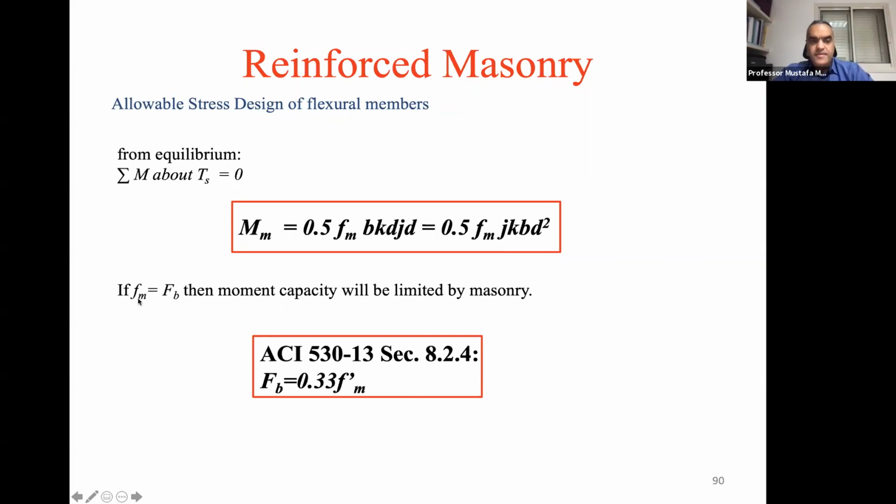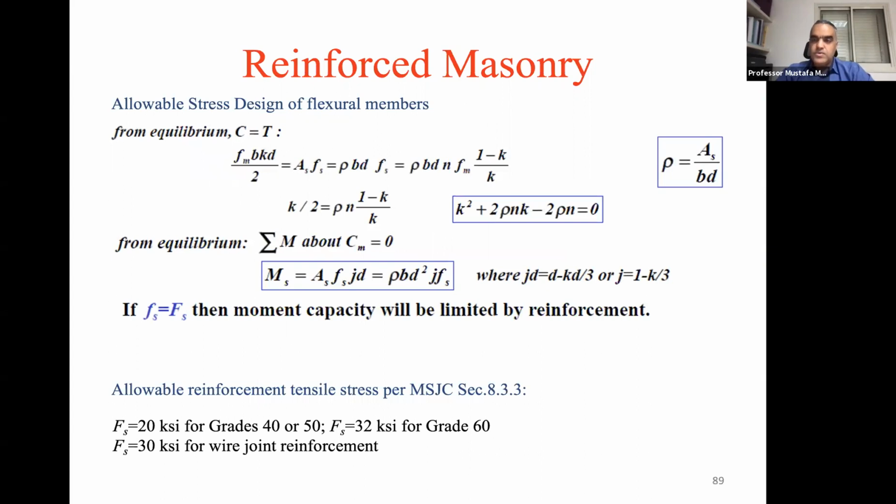And if the stress in the masonry is equal to the allowable bending stress, then the moment capacity is limited by the masonry. So basically you need to check M sub M and M sub S, and then use the smaller one for the capacity of your section.